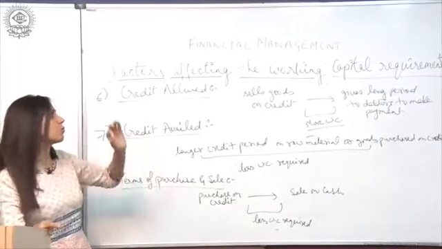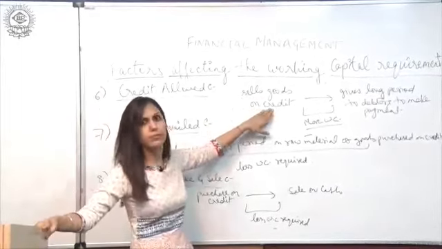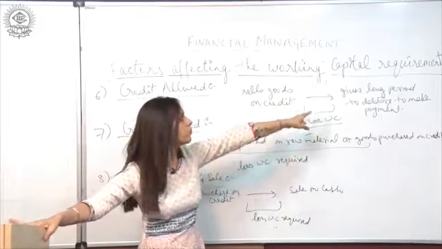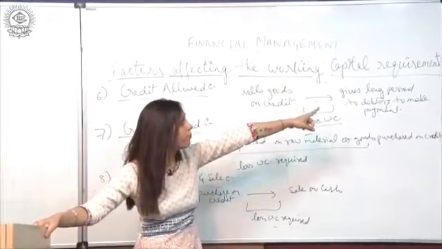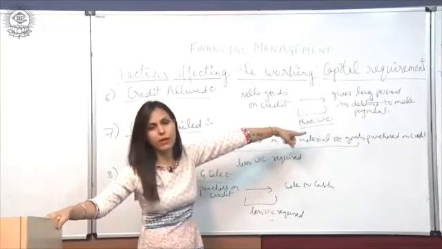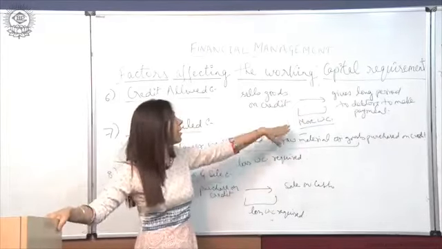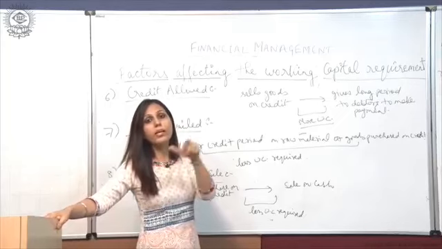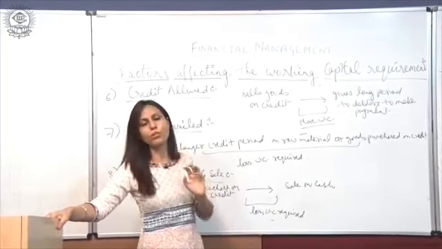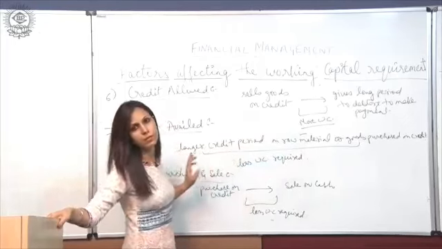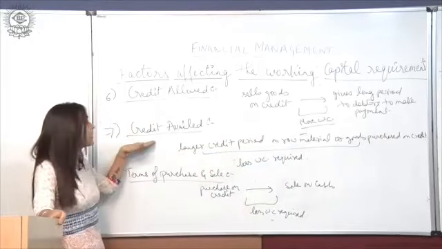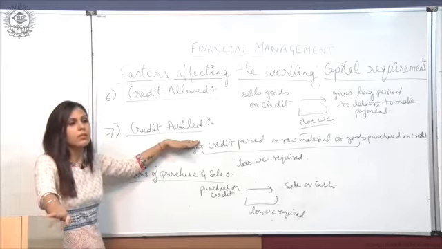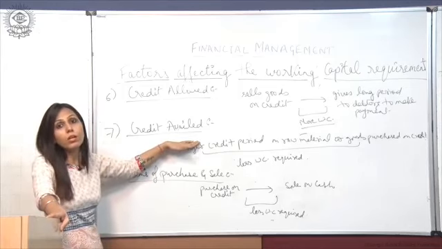Whereas the companies which provide goods on credit and provide a shorter period to debtors to make payment, such companies require less working capital, because again the period between converting the goods into cash is very short. So that's why they require less working capital. Seventh point is credit availed. Now a company which is manufacturing a product also takes raw material on credit.